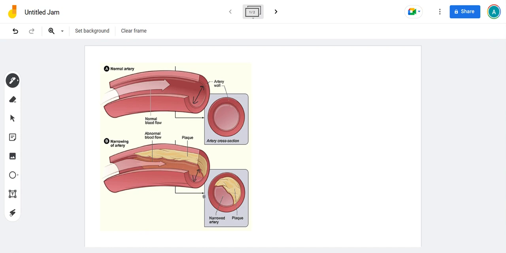Now the thing that people often get stuck on is that when they get a question about atherosclerosis, they start talking about all the clotting and the whole blocked artery. And actually, atherosclerosis is just this process that's in the artery wall. It's really important that we say that it's in the artery wall, not just in the artery.